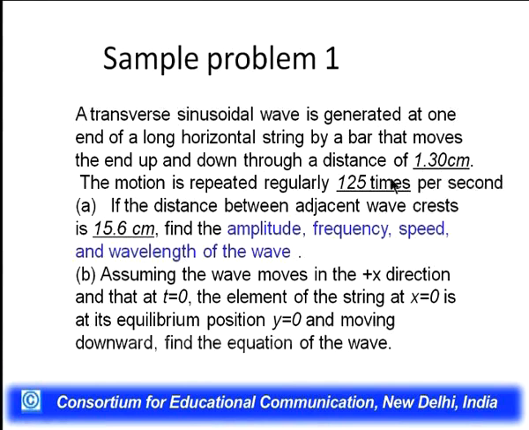The motion is repeated regularly 125 times per second. For part A, the distance between adjacent wave crests is 15.6 centimeters, meaning the highest peaks. We will calculate the amplitude, frequency, speed and wavelength of the wave.